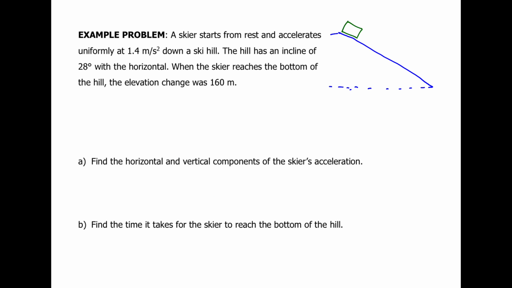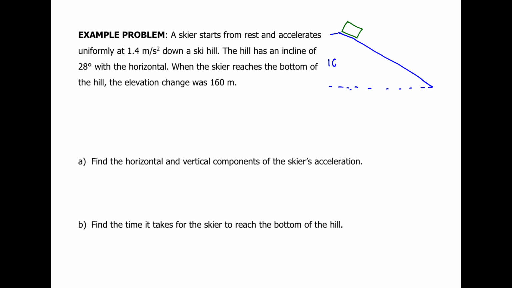A skier starts from rest and accelerates uniformly at 1.4 meters per second squared down a ski hill. The hill has an incline of 28 degrees with horizontal. The skier reaches the bottom of the hill. The elevation change was 160. So what we're going to do is label our diagram with as many of these facts as we can.